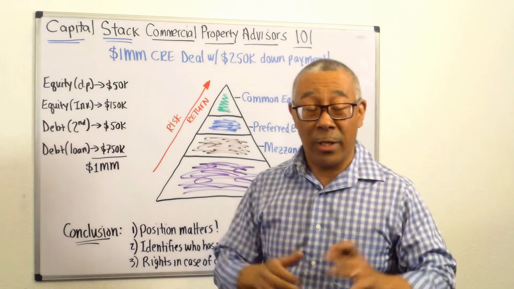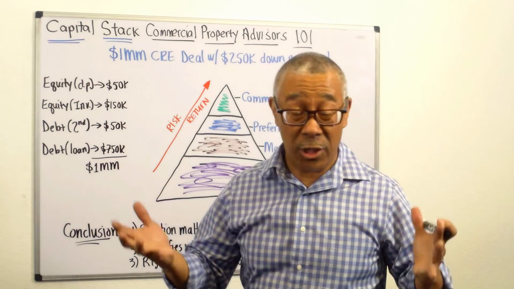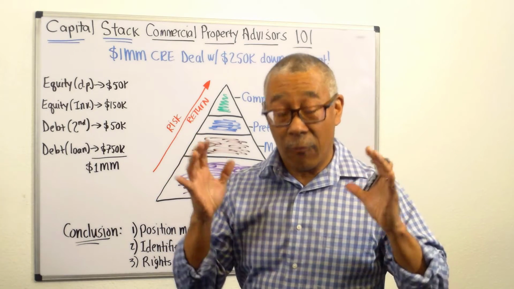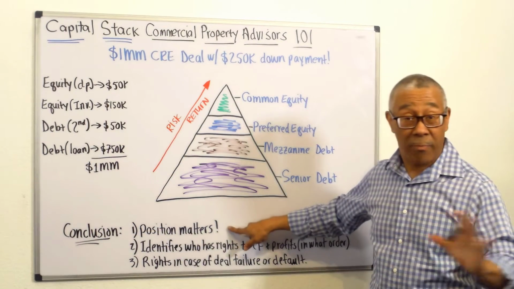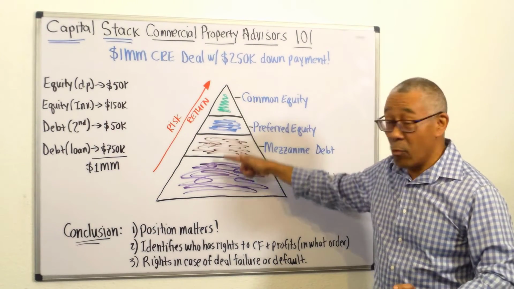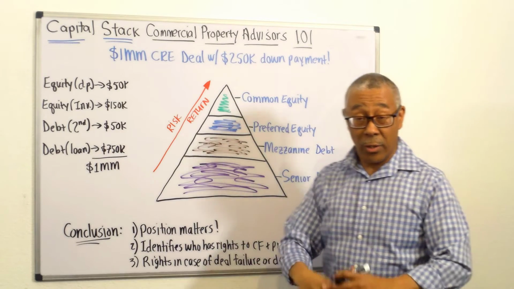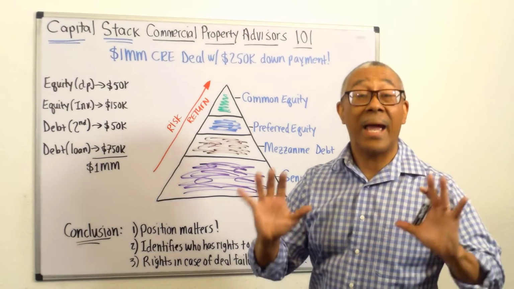Now I want to give you 3 conclusions to what I just shared about putting together a capital stack for a commercial deal. Number 1 is position matters. Where you are in this capital stack matters to your profits, your cash flow, your risk, your ROI, everything.